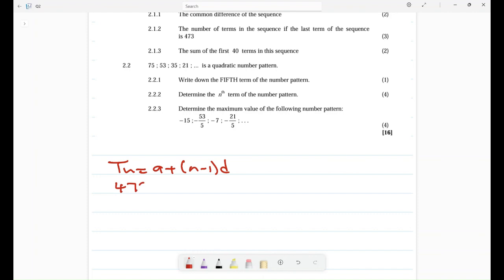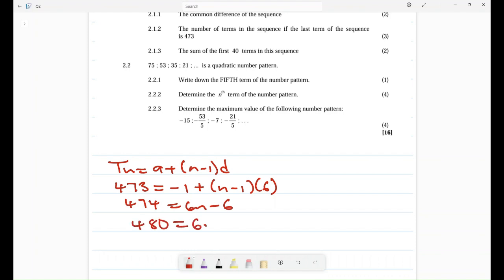So it's going to be 473 equals -1 plus (n minus 1) times d. We now know the value of d, which is 6. So take this -1 to the other side, 474 equals 6n minus 6. Then take this 6 to the other side, 480 equals 6n.